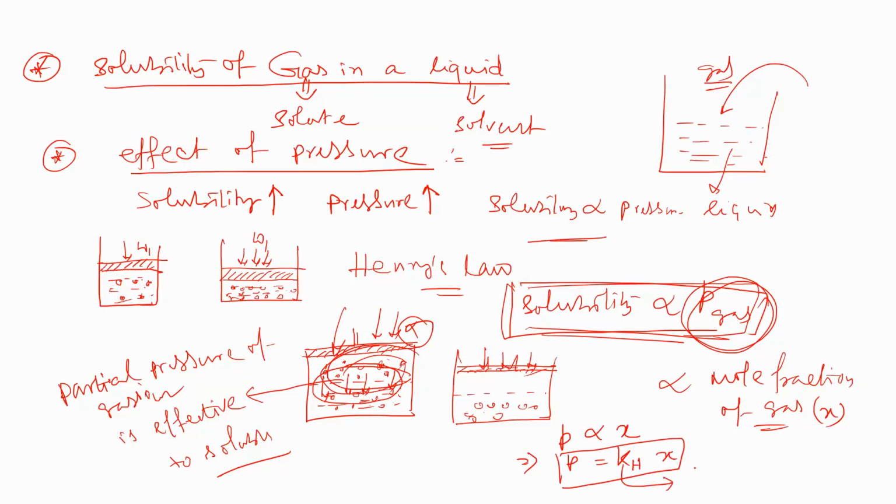This KH is called Henry's constant, and this is called Henry's law. Here the partial pressure of the gas is proportional to the mole fraction of the gas. The most commonly used form of Henry's law states that the partial pressure P of a gas in the vapor phase is proportional to the mole fraction X of the gas in the solution.